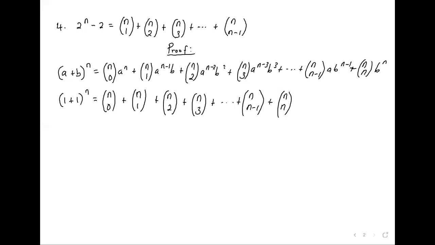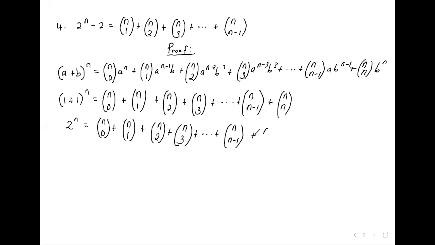So 1 plus 1, we know it is 2 power n. Then we have n choose 0, n choose 1, n choose 2, n choose 3, up to n choose n minus 1, n choose n. Now go back to the question and look at it again.